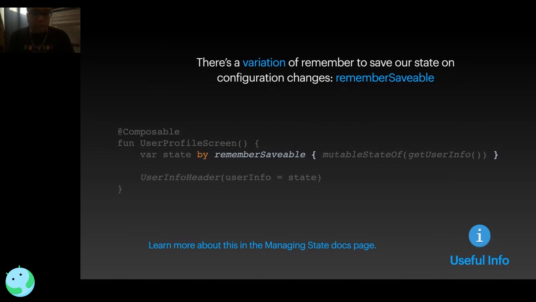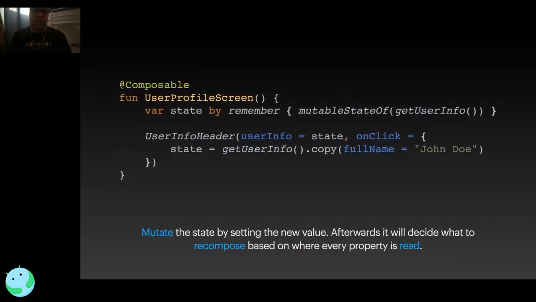So we can mutate the state by setting the new value. Since we are using delegate, we just set it like we were setting the new value directly. If we weren't using delegate, we would have to use state.value equals the new value, like if it was LiveData.